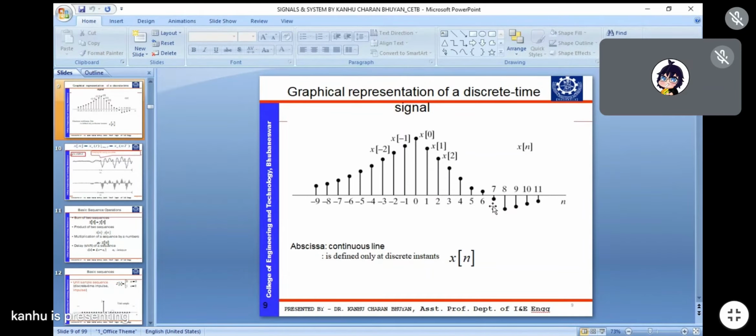Yes, sir. x of 11 or x of 2 gives some positive constant value. Okay.